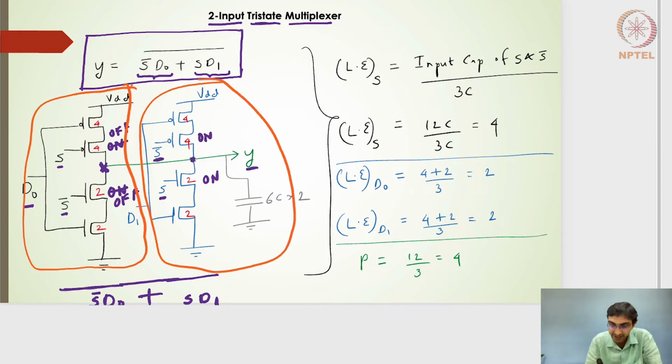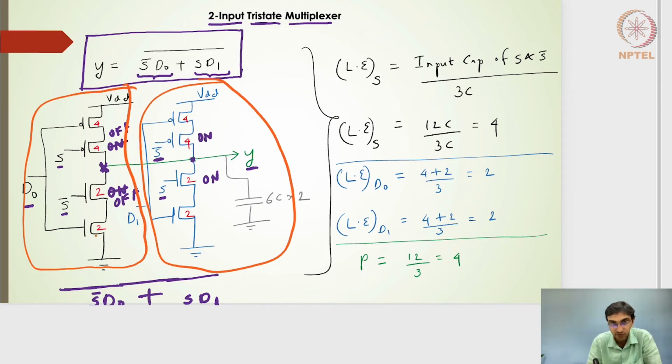If I take this particular segment, I will have the size of these two transistors as 2 and 2. The reason is, in the worst case condition, this will be off, so it will not have any discharging path, and I will have the discharging path connected only from Y to ground.